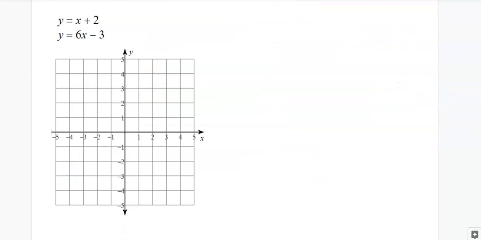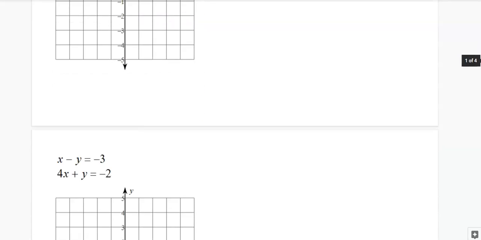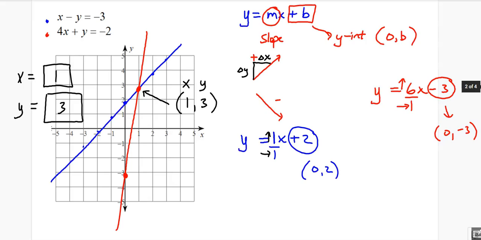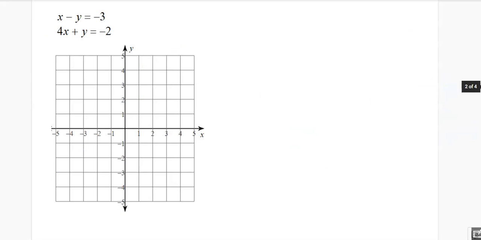Let's scroll on down. This one's in standard form, so it's going to be a little bit trickier. You have two options. I'm going to show you both ways. One option with standard form is to rewrite it in slope-intercept form. So we start off with x minus y equals negative 3. To isolate y, I'm going to subtract x from both sides.